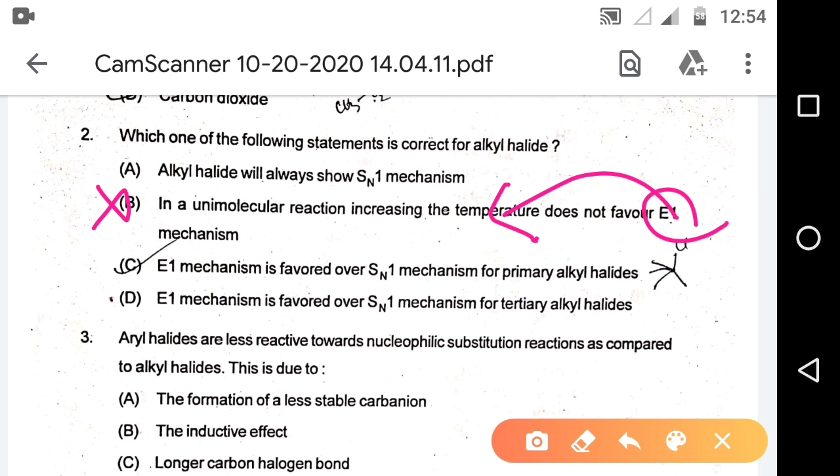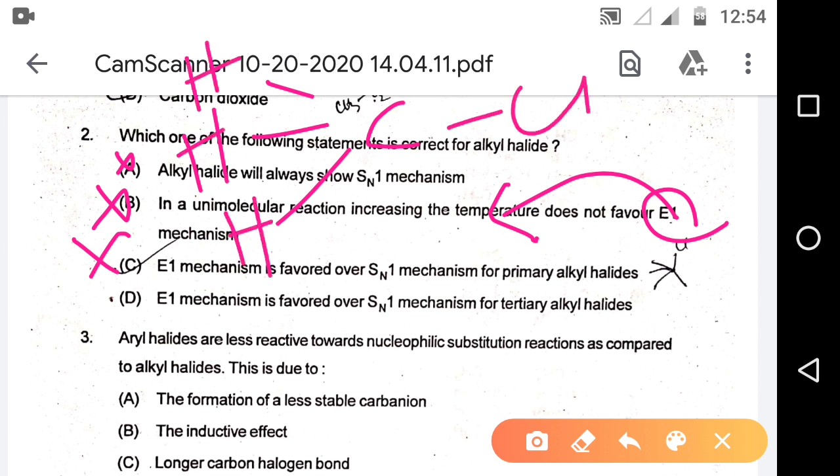The next statement, that is E1 mechanism is favored over SN1 mechanism for primary alkyl halides. This is also incorrect because this is your primary alkyl halide. In primary alkyl halide, there is less steric hindrance, or you can say lesser bulky groups are present.